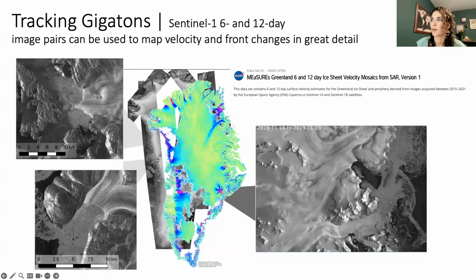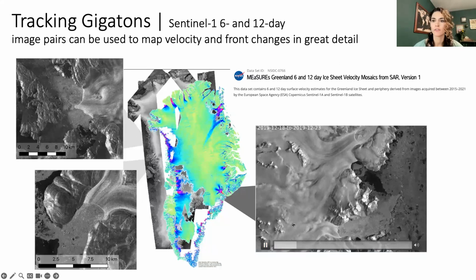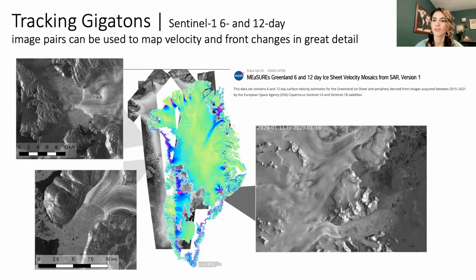Some interesting features pop out. You can see there are some areas where faster flow extends quite far inland. This is the northeast ice stream here. Hopefully you can see my pointer. Once you aggregate all of these sequential images, you get really detailed ideas of the dynamics at play. You see these glaciers flowing.